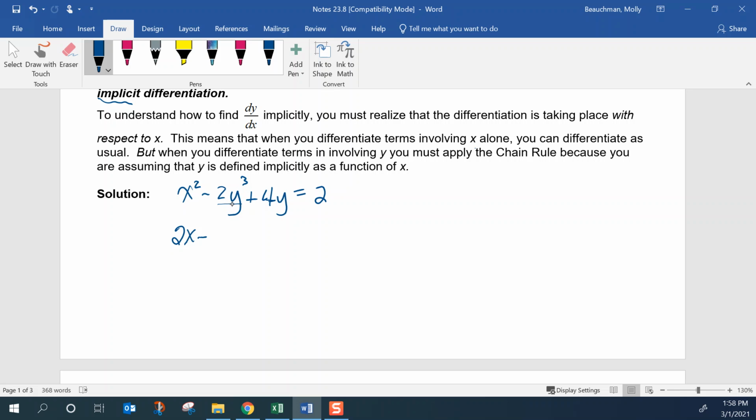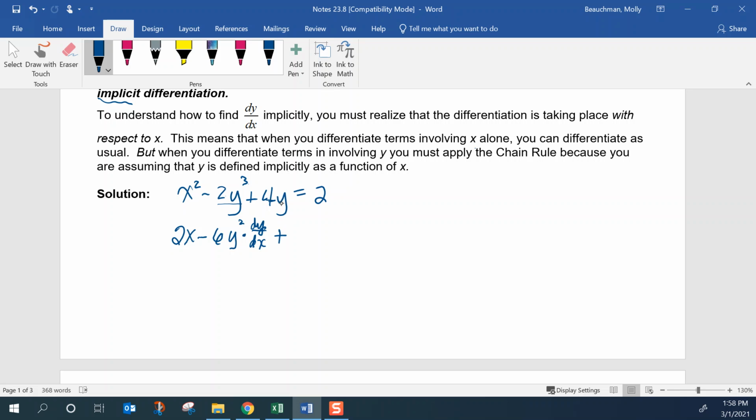So the chain rule says we're going to take the derivative of the outside function, 3 times 2, which is 6y squared, times the derivative of the inside function. We don't know what it is, so we express it as dy/dx, the derivative of y with respect to x. So the derivative of the term negative 2y to the third with respect to x is negative 6y squared times dy/dx.